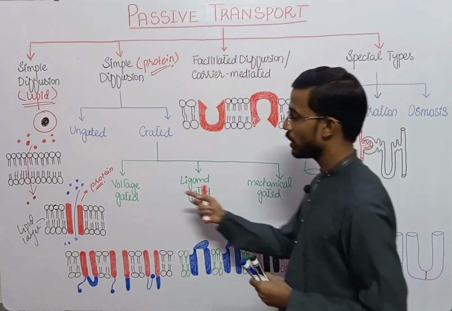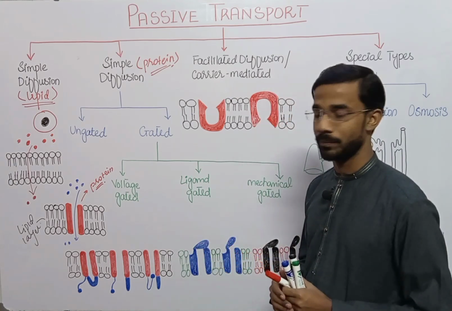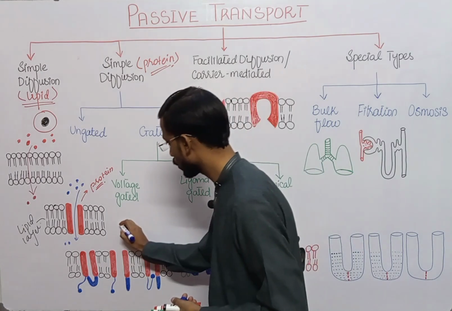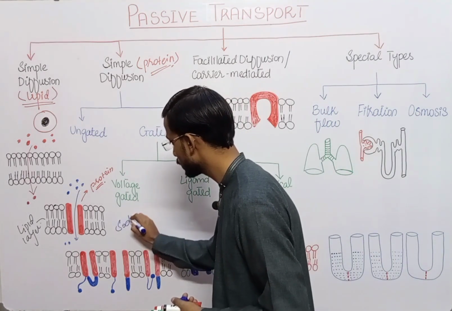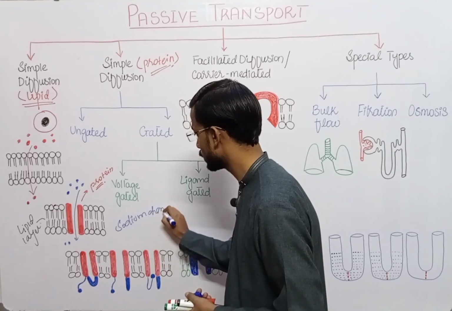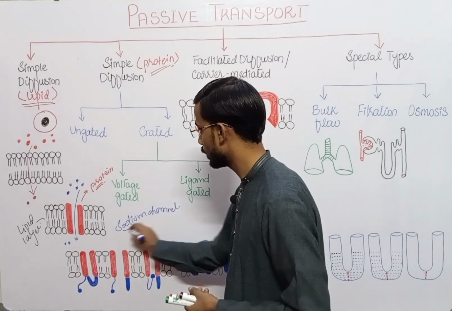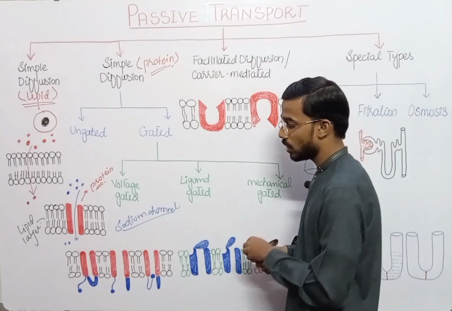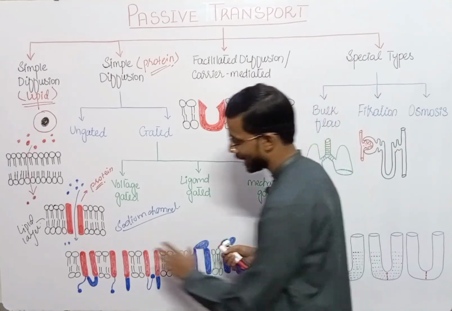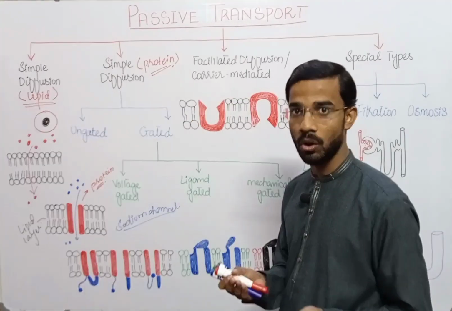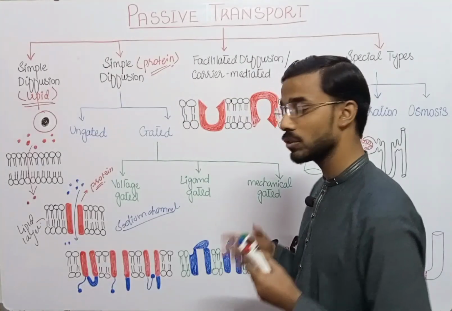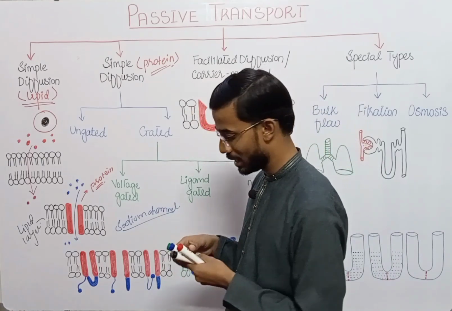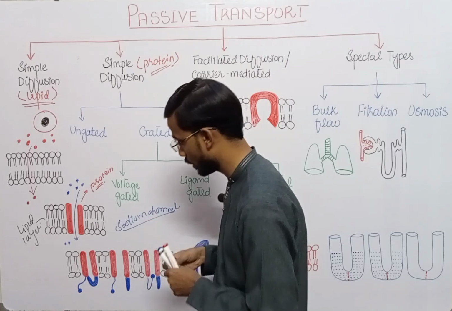First of all we will talk about the voltage gated. Here you can see the example of the sodium channel. These proteins, or you can say channels, can exist in three forms. If we talk about the sodium channel, then this channel has two gates.